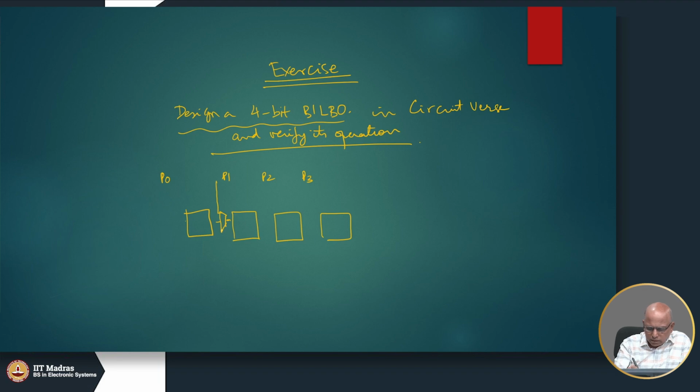Similarly, we can multiplex these two guys, and we can multiplex these two guys. So these are muxes, and here also a mux. The serial in will be the other input, and this is serial out.